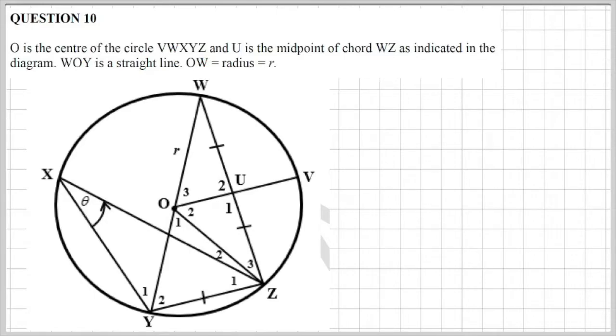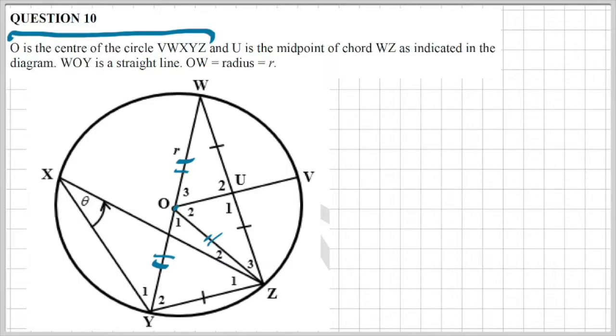So when I look at this, it says that O is the center of the circle. So by looking at the center of the circle, I know that I've got radii. So I have OW, OY, and OZ all being equal to one another. It's maybe better for me if I don't use single lines again. Let me use double lines, so you don't confuse it with the single lines that are also equal.